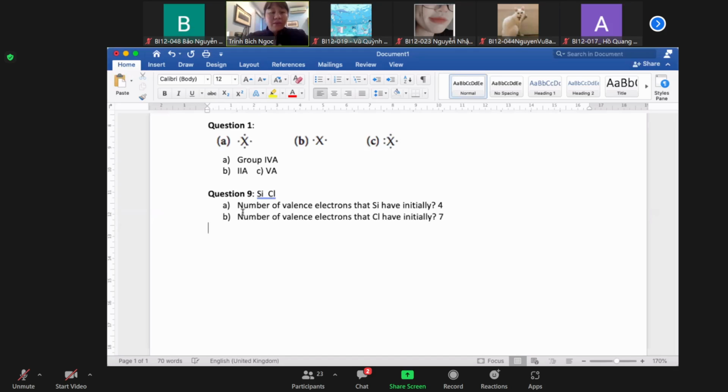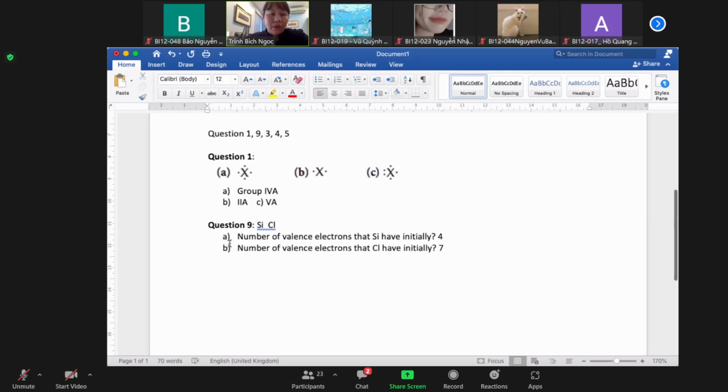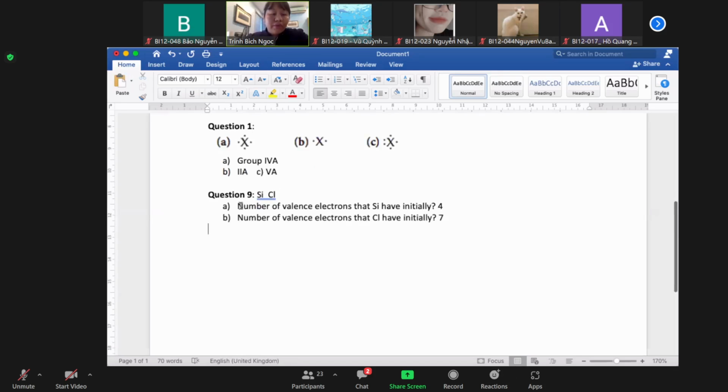Then, so this is the first step to write the Lewis structure of the molecule. First, you need to identify the number of valence electrons of each of the atoms in the molecule, okay? So this is step 1.